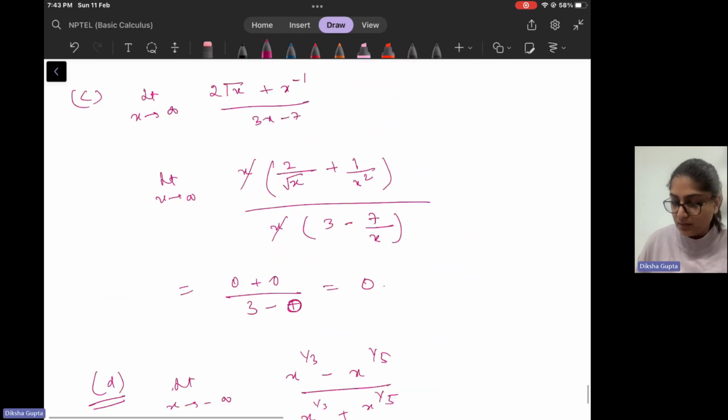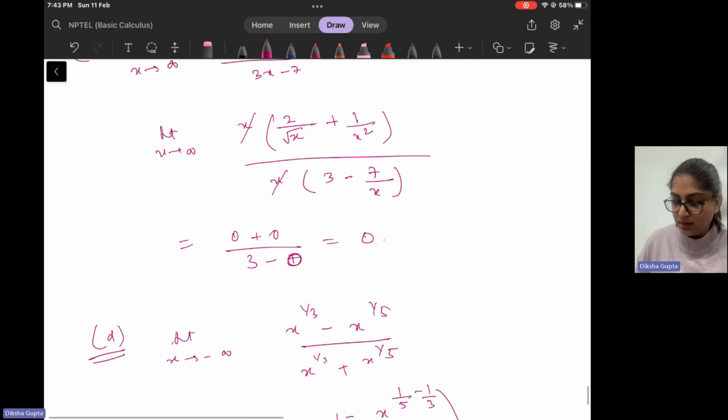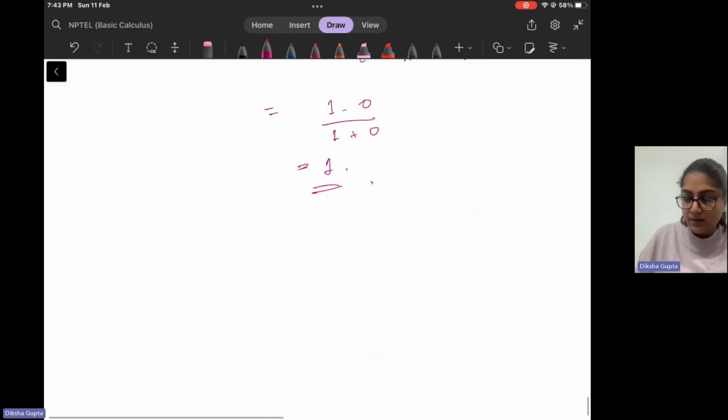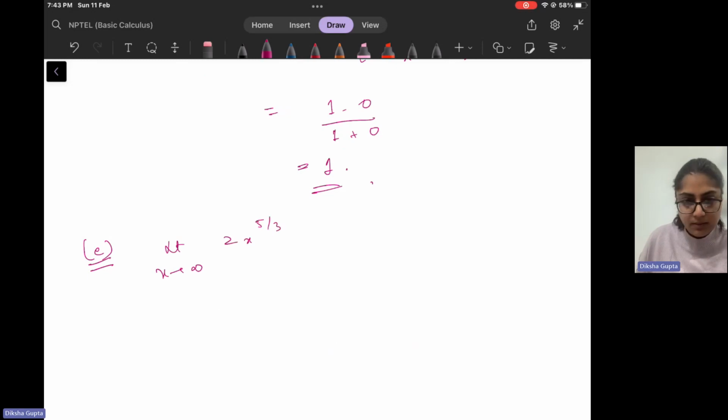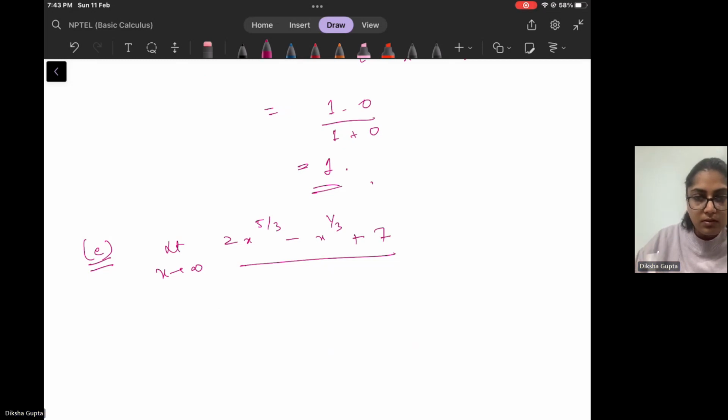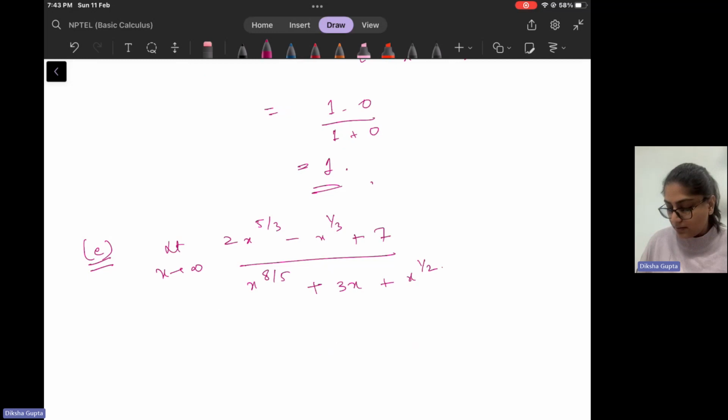Okay, so I hope now you can do the questions involving the powers of x and find the limits at infinity. One last question. Limit x tending to infinity of 2x raised to 5 by 3 minus x raised to 1 by 3 plus 7 upon x raised to power 8 by 5 plus 3x plus x raised to power 1 by 2. So x raised to power 8 by 5 is the highest power in the denominator.